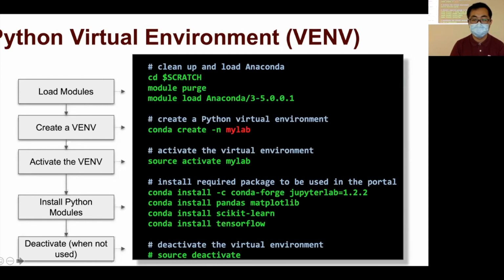Then you use source activate with your virtual environment name to activate the virtual environment. And these are the libraries, JupyterLab, Pandas, Matplotlib, Scikit-learn, TensorFlow, that we'll be using today. So we need to install all these packages into our virtual environment.